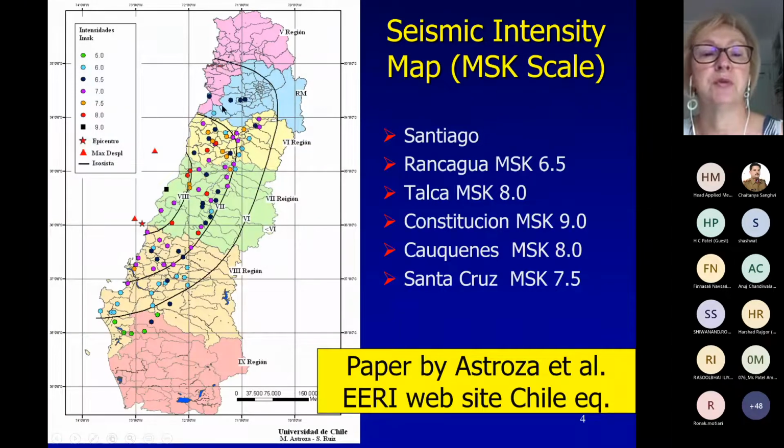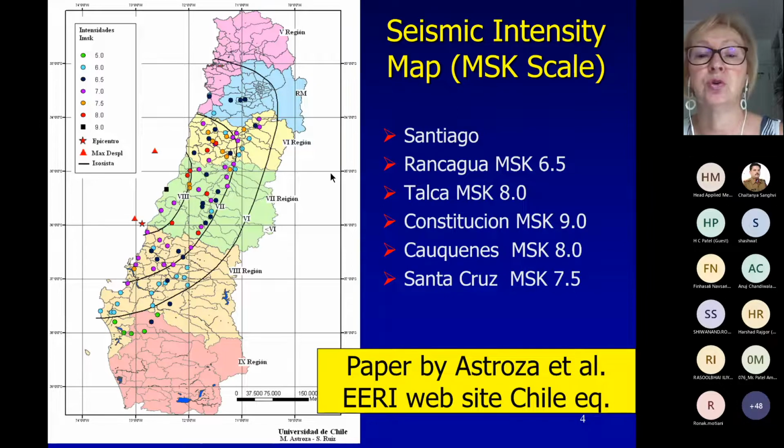So here you can see a map of intensity of the earthquake. Maximum intensity, according to the MSK scale. Intensity in Santiago would be maybe 6, but it caused, as I said, damage to 20-story reinforced concrete buildings. In other places, it caused intensities 8 and even 9, close to the 9 here, the black.